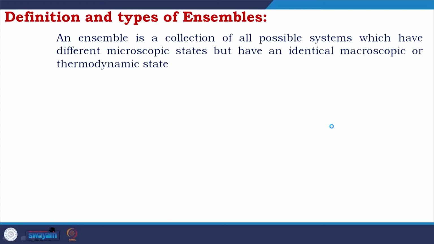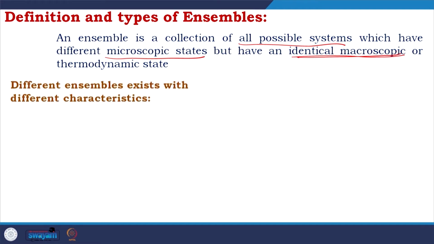So, what is an ensemble? An ensemble is a collection of all possible systems which have different microscopic states, but have an identical macroscopic or thermodynamic state. I repeat, a collection of all possible systems which have different microscopic states, but an identical macroscopic or thermodynamic state.